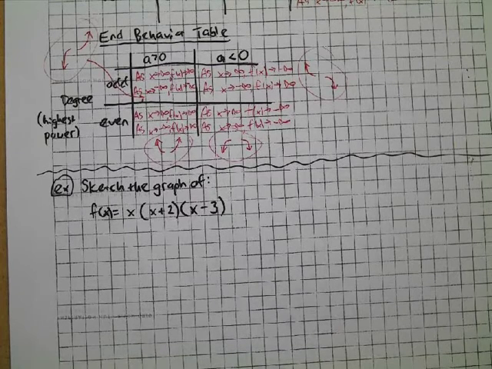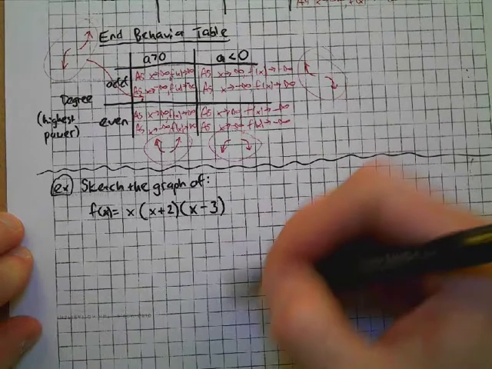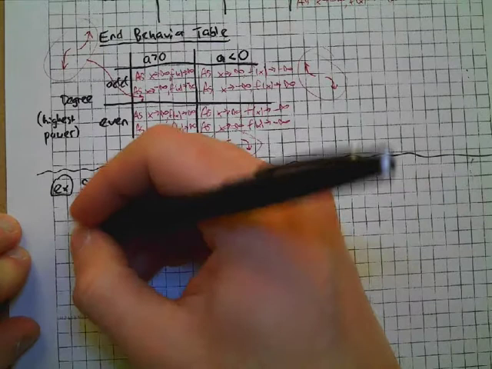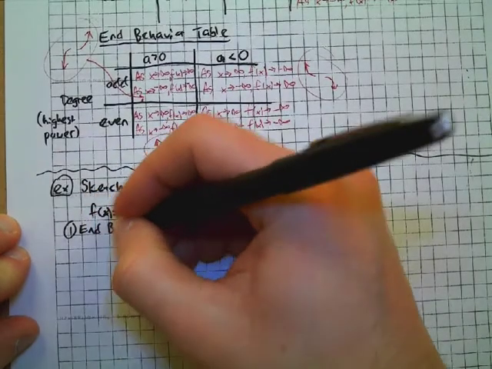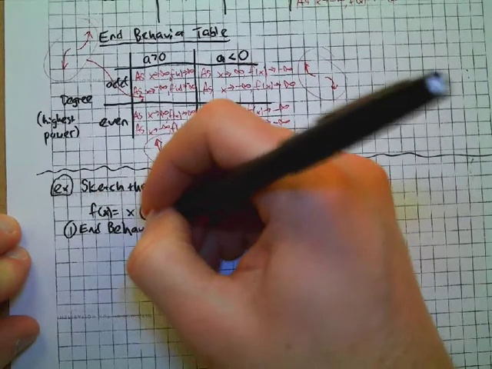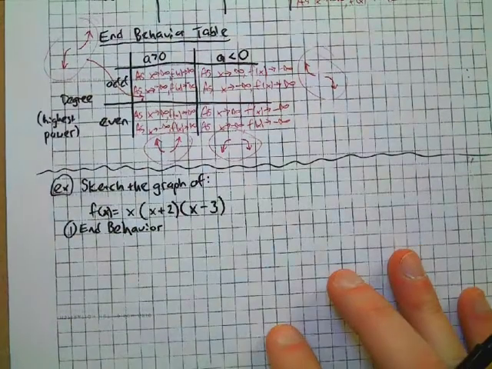First, I'm going to leave this space. Actually, you know what? I'll just do this work right here. So let's first talk about the end behavior, because that's what we just finished discussing.